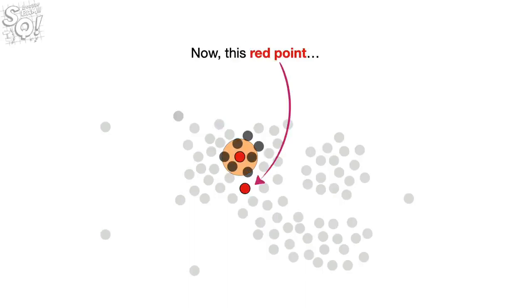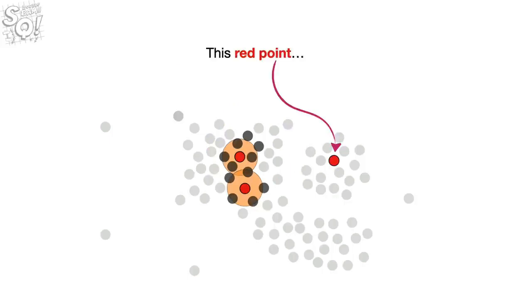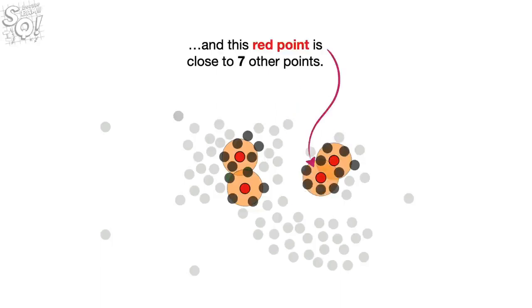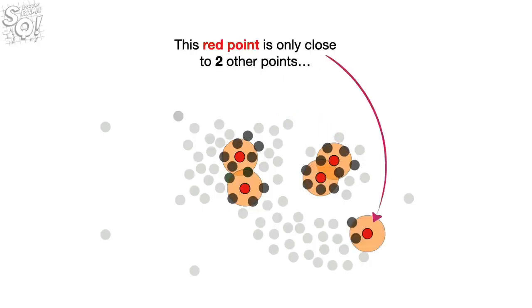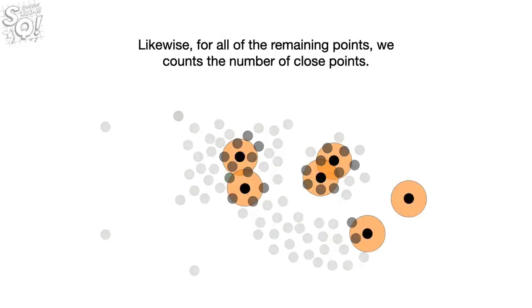Now, this red point is close to 5 other points because the orange circle overlaps, at least partially, 5 other points. This red point is close to 6 other points, and this red point is close to 7 other points. This red point is only close to 2 other points, and this red point is not close to any other point because the orange circle does not overlap anything else.